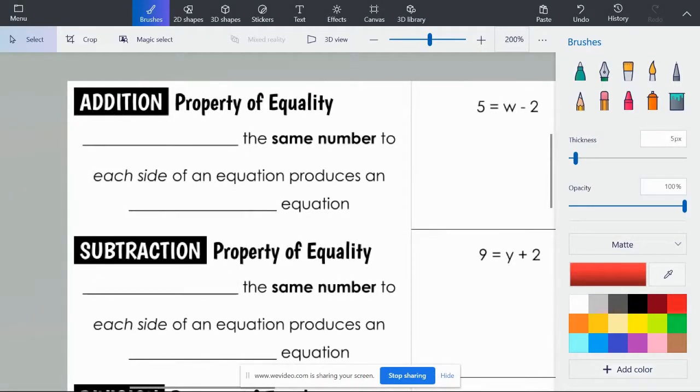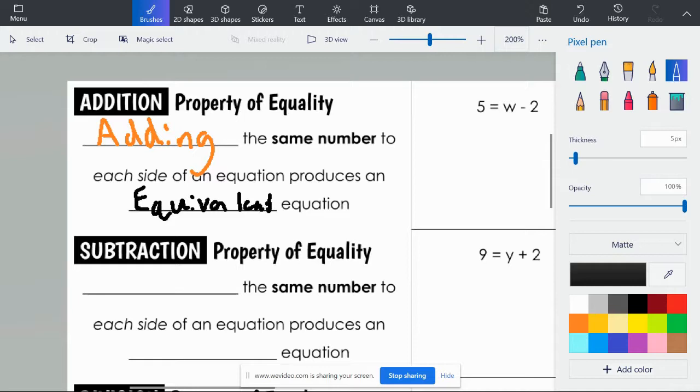So the addition property of equality says adding the same number to each side of an equation produces an equivalent or equal equation.